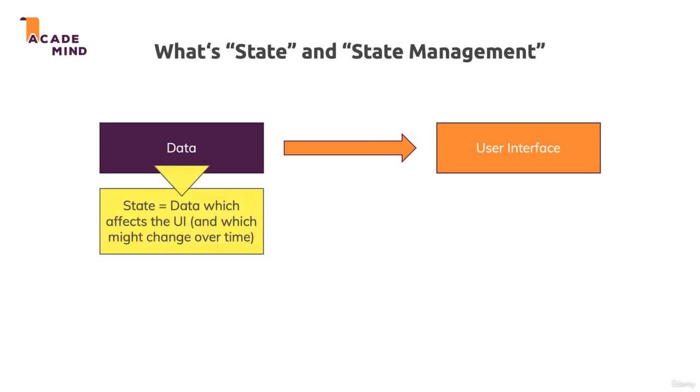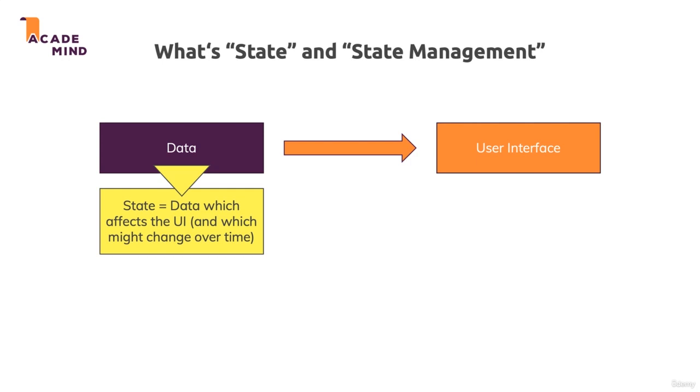State is simply data which affects the user interface and which also might change over time. So something like, are we currently loading new data? Well, if that changes, you probably want to show a loading spinner on the user interface. So that information is also a piece of data that affects your app, your UI, and which therefore would be labeled as state.